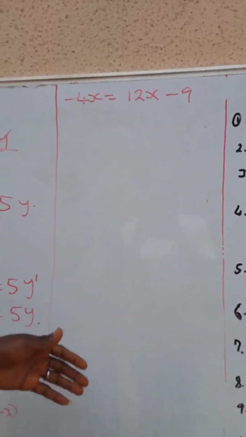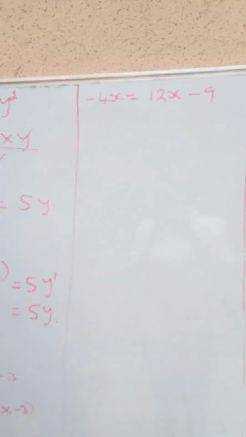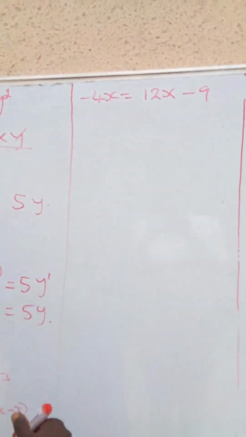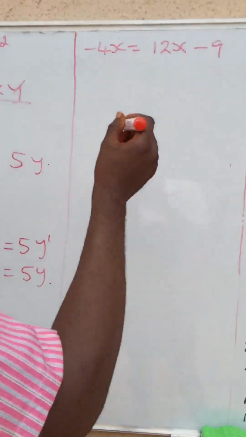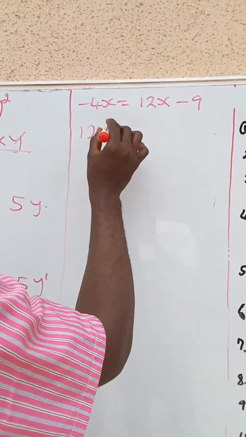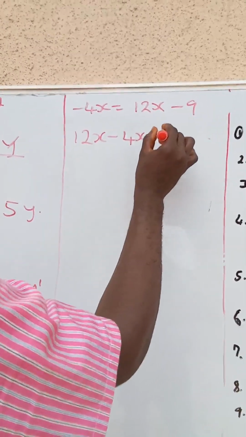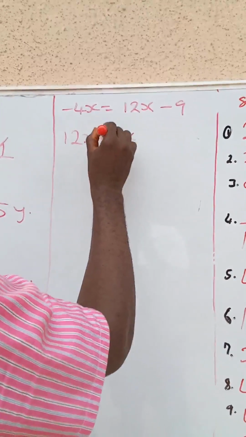Now, you can rearrange it. I can bring the 12 here, or I take the minus 4 here. So there it is. I have 12x minus 4x plus 4.